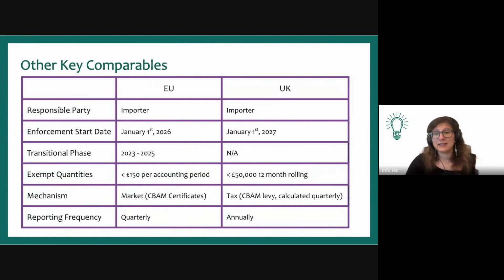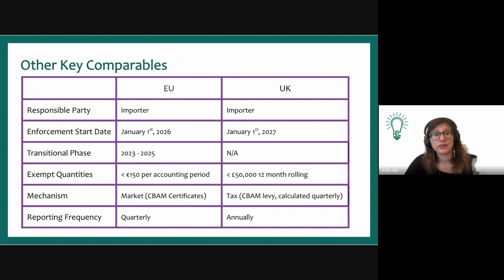And we see this difference in pragmatism and driving for perfection when we look at other comparables. So under both regimes, the importer is the responsible party. The EU is coming in a little bit earlier from January 2026, although, as I mentioned earlier, we are in a transitional phase. And what that means is that all of the digital infrastructure is live.